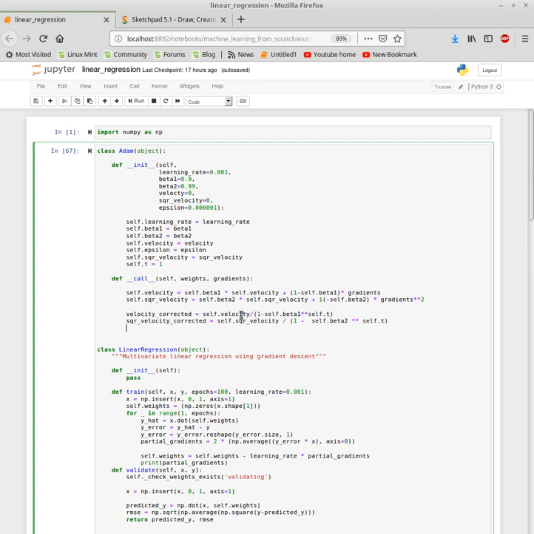So when we do this right here, it will negate that, right? So in the first iteration of self.velocity, let me see here.